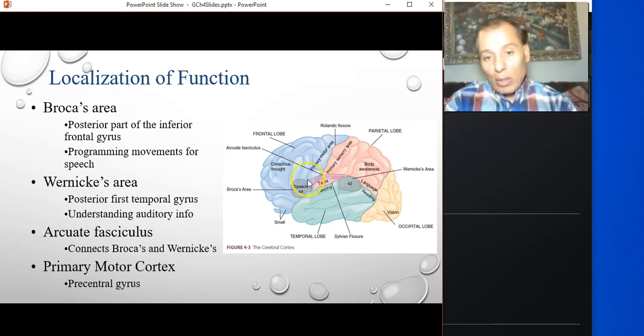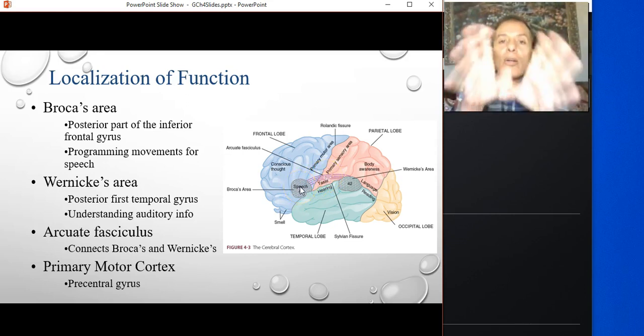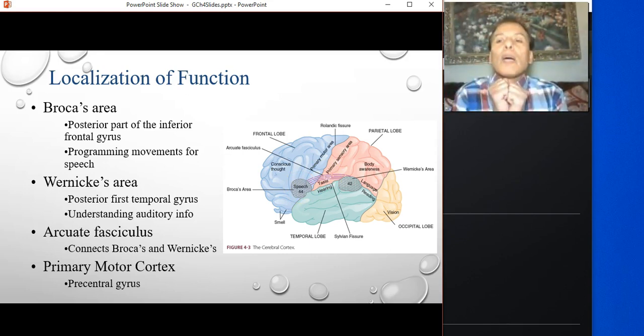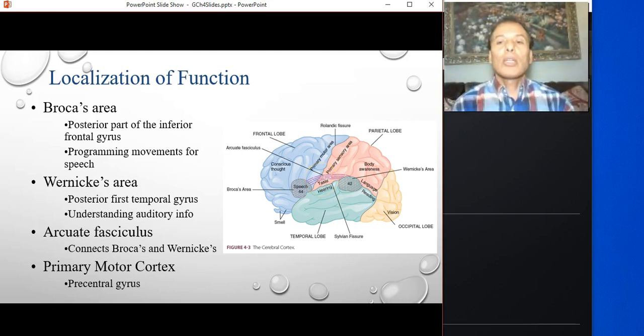So if you will, Broca's area sends the information to the motor cortex, and then Broca's area becomes quiet. Okay, here you go, throw the ball, and then you become quiet. And then the primary motor cortex is going to activate the muscles directly to make you produce speech.